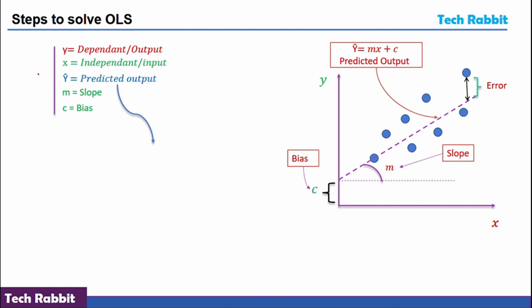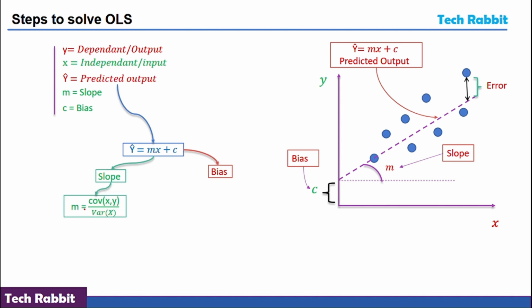So what are the steps to solve OLS? We have input values and output values. To get the predicted value, we have to get the relation between x and y. We know the predicted value equation is mx plus c. Here m is the slope, c is the bias, and x is the input variable. Slope has a formula: covariance of xy divided by variance of x.